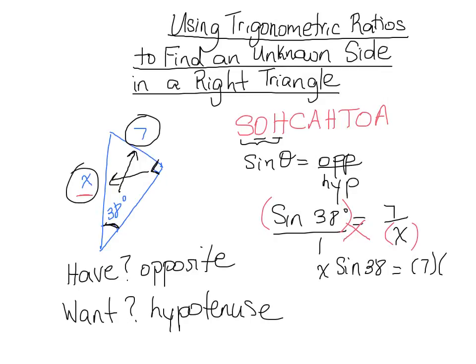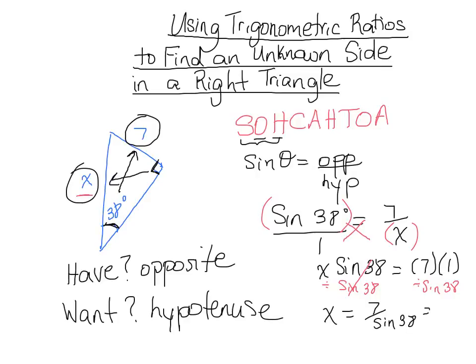That's a 7. Okay, so 7. Which means that in order to isolate our x, we can now divide both sides by sine 38, and that will get our x alone. And whatever we do to one side, of course, we have to do to the other side. And so we'll get that x is equal to 7 over sine 38.